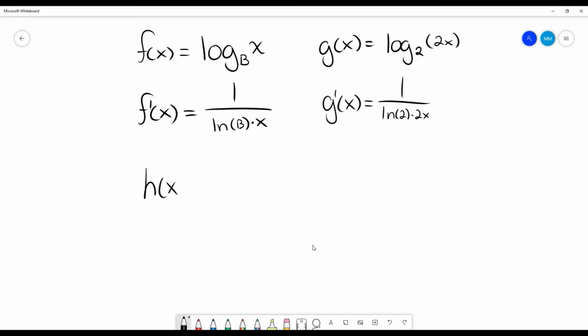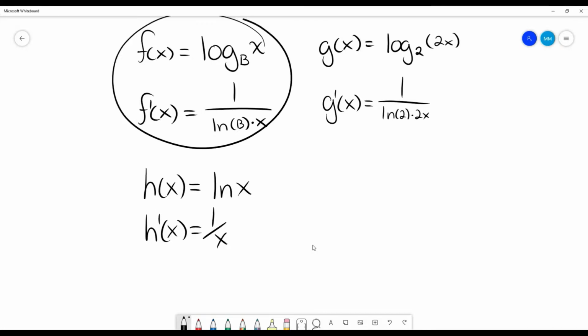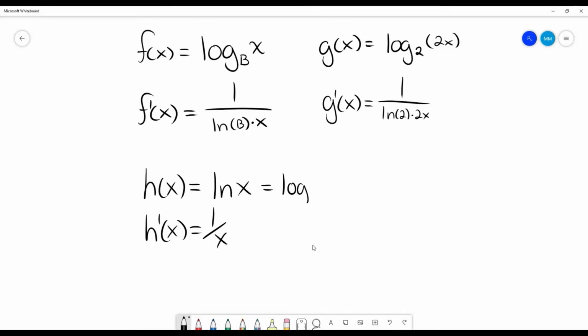However, let's say we've got natural log of x, right? The derivative of the natural log of x, you'll learn, is just 1 over x. But if you ever forget that, I would focus on just remembering this rule because you can figure it out through that. Natural log is just a log with a base e of x, right?